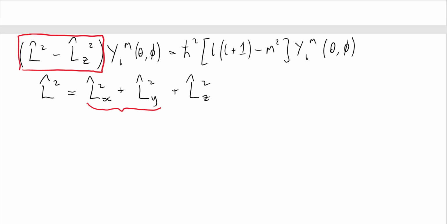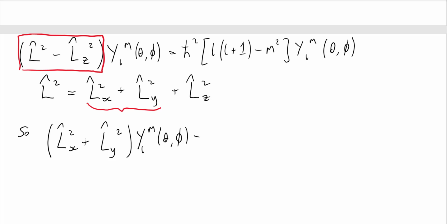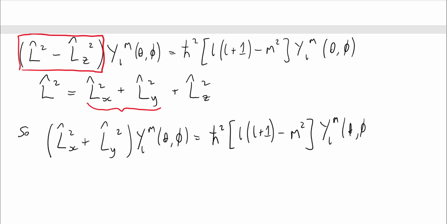So we've got L x hat squared plus L y hat squared. Okay, now I've substituted that in. Go through h bar squared, that's L times L plus 1 minus m squared Y L m theta comma phi.